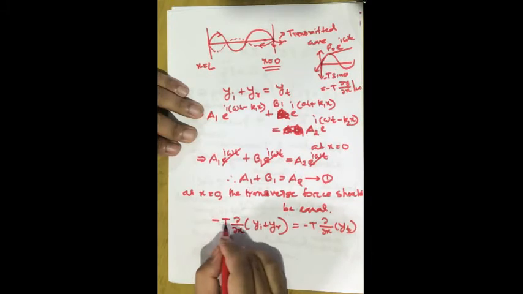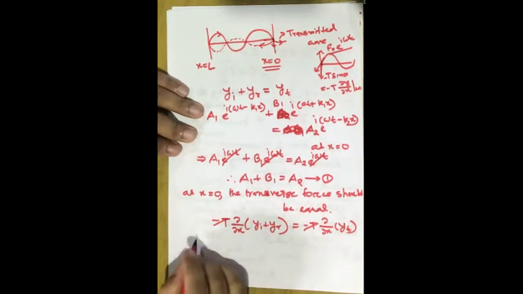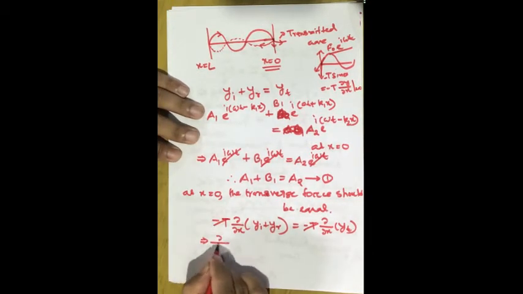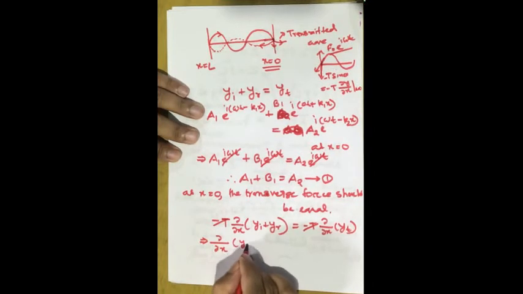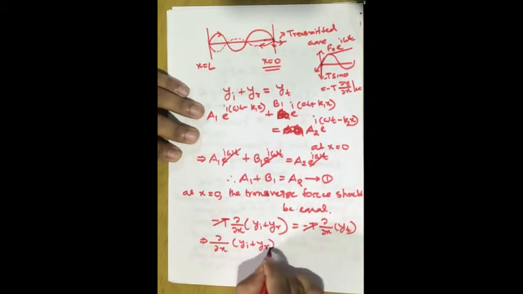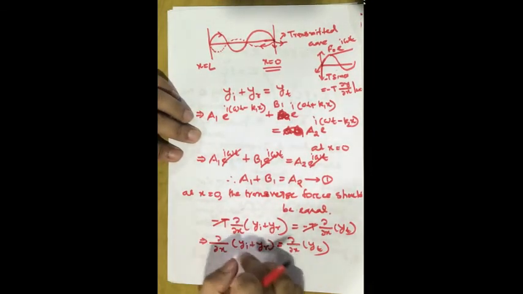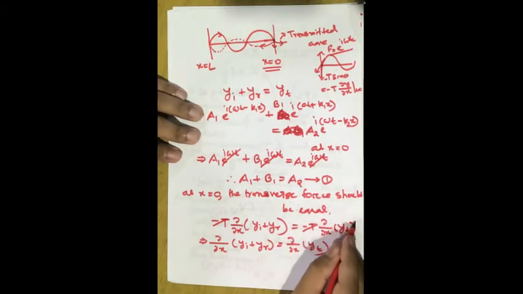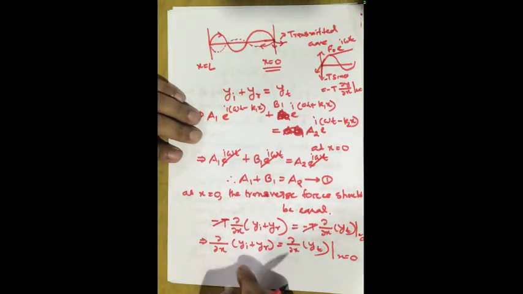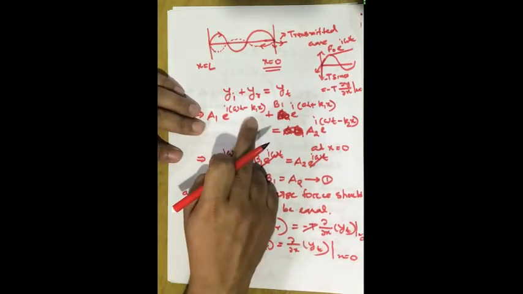Okay, so T basically gets cancelled out, so del by del x yi plus yr is equal to del by del x yt. Okay, so now we have to differentiate. This is always at x is equal to 0, that you have to remember. Okay, so now we have to differentiate with respect to x.